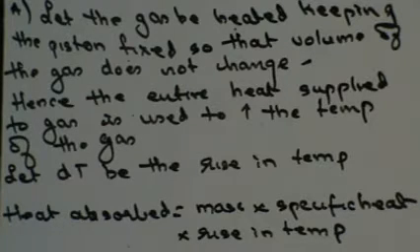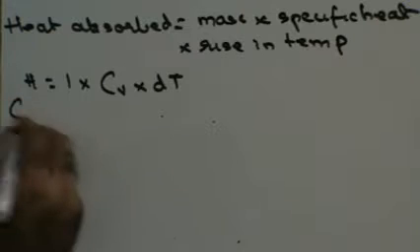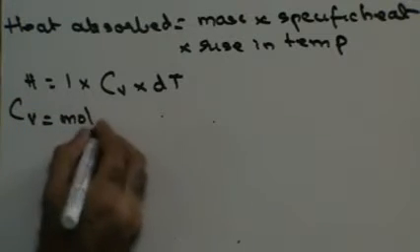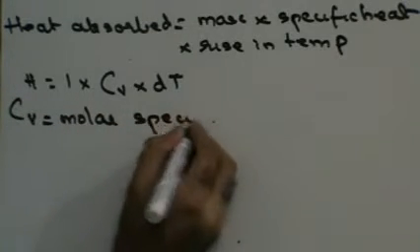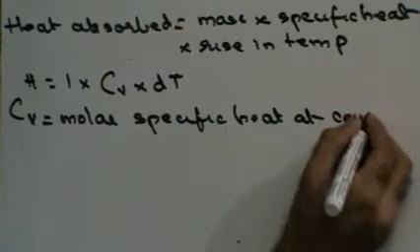I have taken 1 mole of gas. Specific heat, since I am keeping the volume constant, this is Cv into rise in temperature, we said is dT, right? Where Cv we know is molar specific heat at constant volume.